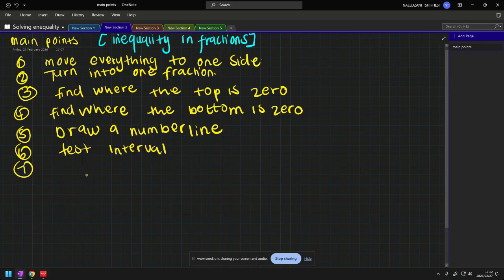Number seven, we're gonna write the interval notation. From the interval that we got, we're gonna have to make a notation out of it, right?